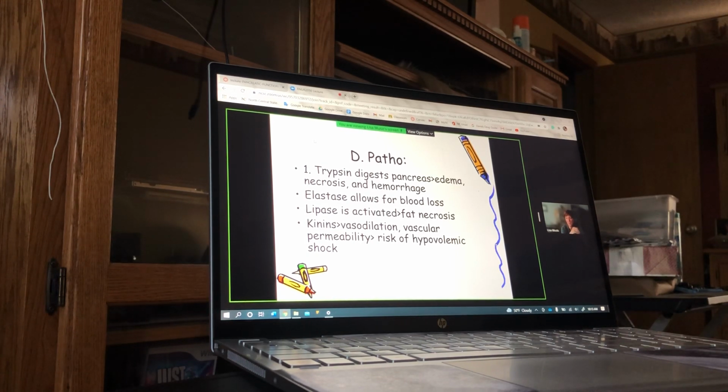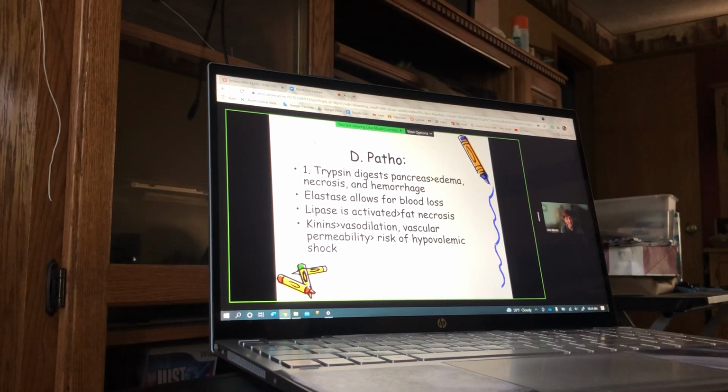Well, it doesn't know enough to do that, and we don't produce enough trypsin inhibitors for that not to take place, because we talked about the volume of enzymes being released, which are large, so there's not enough trypsin inhibitors for that not to take place. So it can cause edema. In severe cases, it can cause necrosis, and they can actually have hemorrhagic pancreatitis from it.